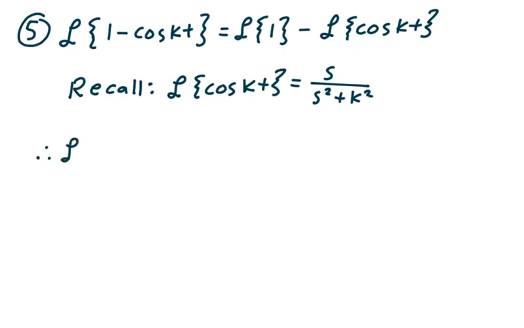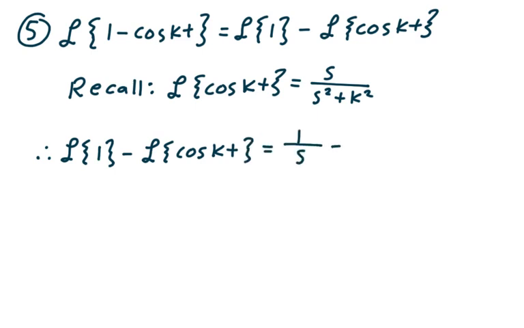Therefore, the Laplace transform of 1 minus the Laplace transform of cosine of kt is 1 over s minus s over s squared plus k squared.